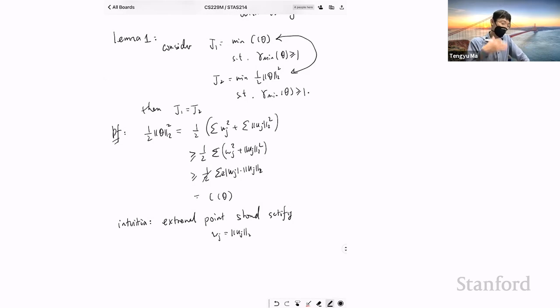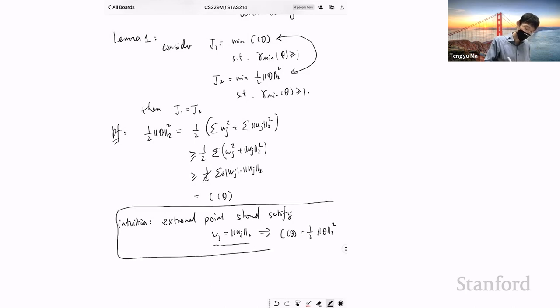If that's the case, then you can believe that these two things are the same, because if the extremal point satisfies this, then C theta is the same as the L2. So then you're not really doing anything different. That's the intuition.